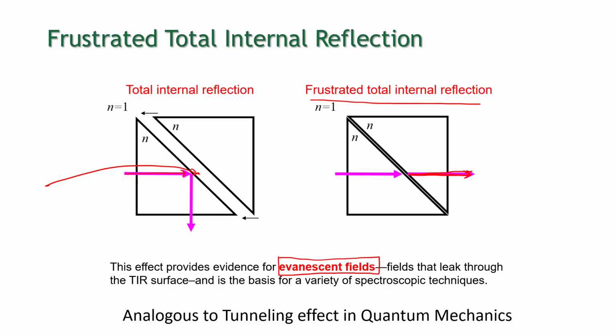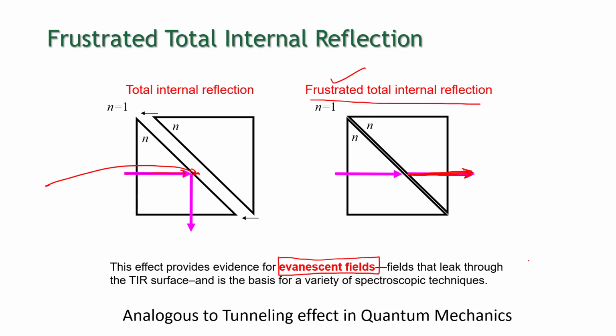The evanescent wave is the wave that you see on this side, which decays very, very fast. And if you bring another medium pretty close to the first prism, then the evanescent wave will travel through that without decaying. That's the frustrated total internal reflection.